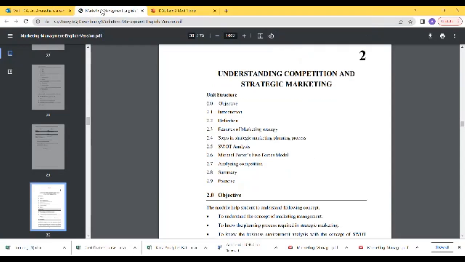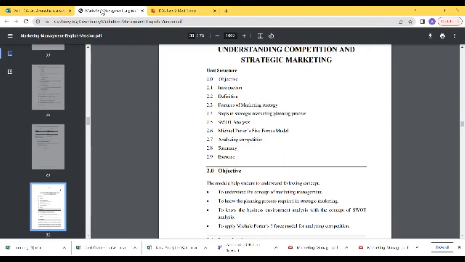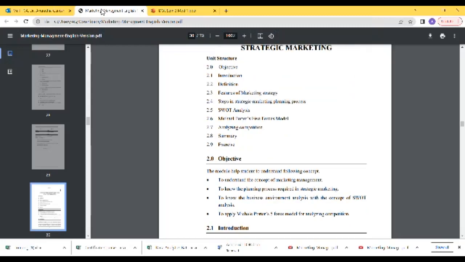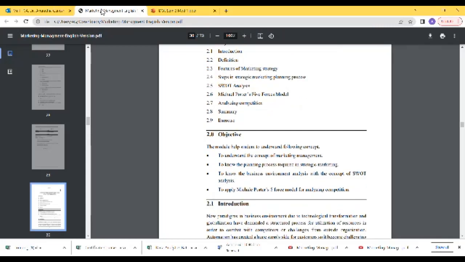The objective of this module is to help students understand the concept of marketing management, understand the process to be followed to plan marketing process and to make a strategy to come up with effective marketing plan, to understand and comprehend the business environment and do a proper business environment analysis by doing SWOT analysis. The module also aims to make students learn Michael Porter's 5 force model for analyzing competition.